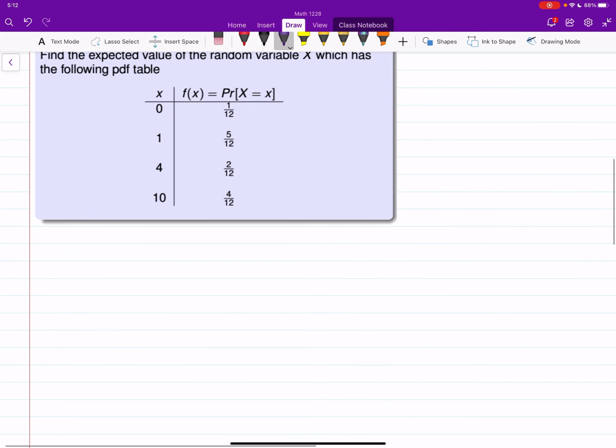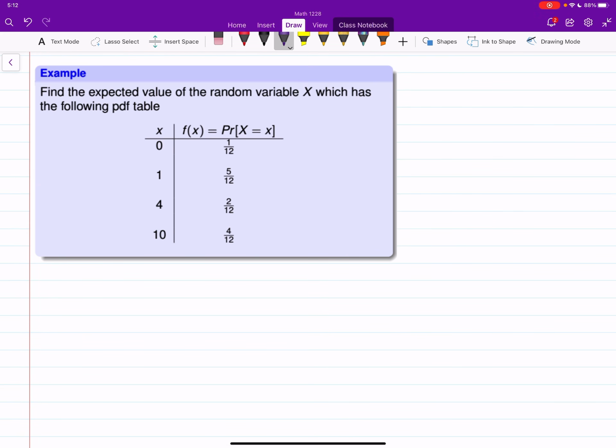We have this random variable with the PDF given. Now we are trying to find the expected value of that, E of X for this random variable. You multiply the first value by the value of the PDF at that point. So 0 times 1 over 12 plus 1 times 5 over 12 plus 4 times 2 over 12 and 10 times 4 over 12.